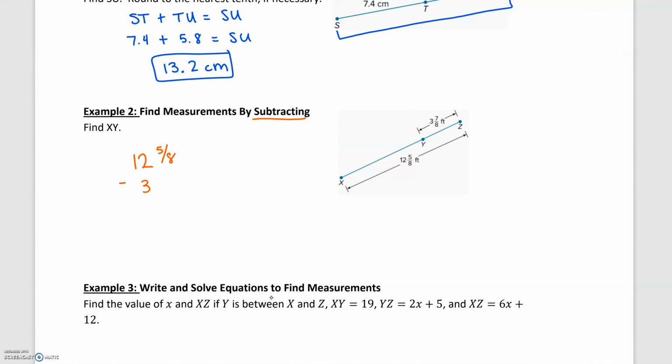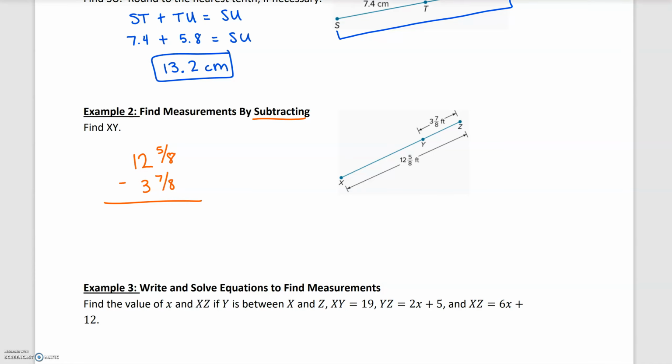So when we go to try and subtract, we look at our fractions here, and they both have a denominator of 8, which is good. We need them to be common denominators in order to subtract. But when I try and subtract 5 minus 7, we get a negative, and we don't want that when it comes to distance. So we need more in our numerator up here on the top.